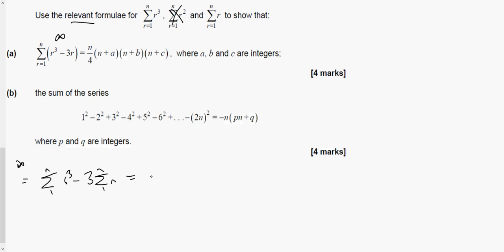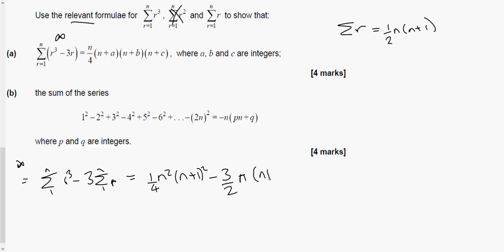So then we go to the formula book, so we just use the r cubed formulae. Now the sum of r is not in your formula, but you have to remember this. It's a half n plus 1. Oops, so that's 3 over 2 times n plus 1.